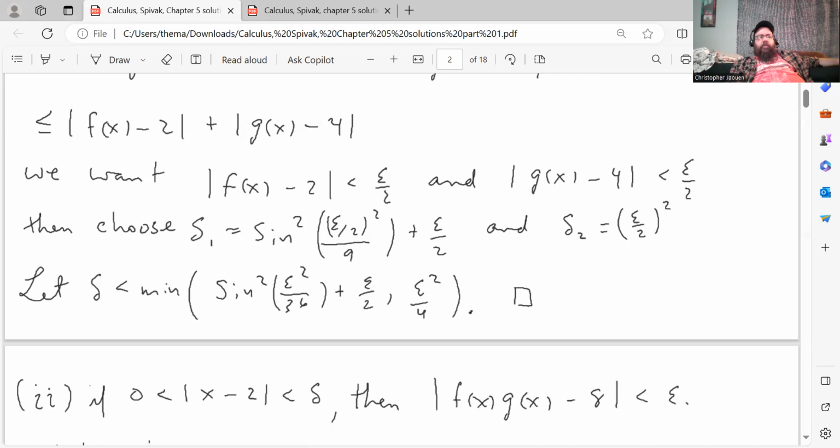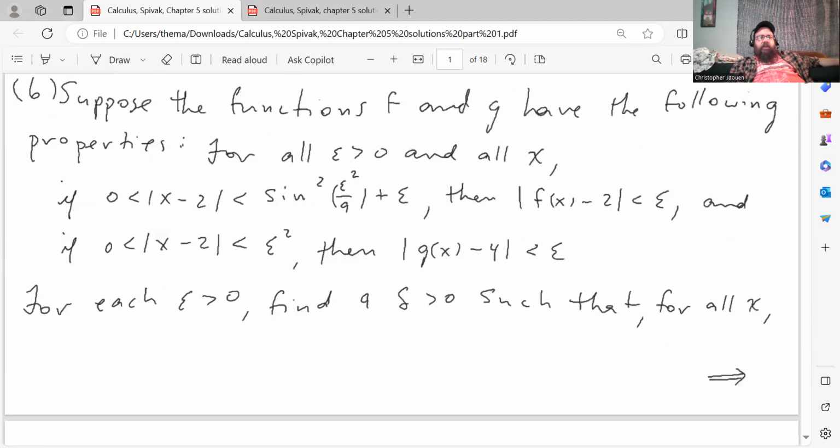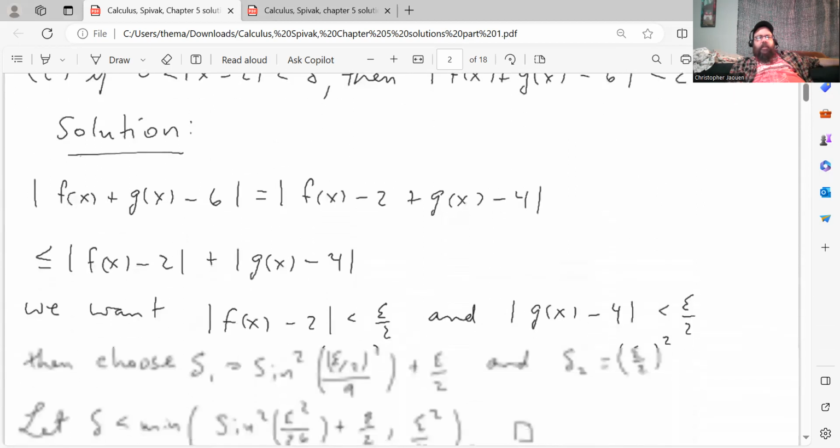So just based on the information that they gave us, for f of x minus 2, if you're in this neighborhood, then this is within epsilon, and the same thing here, if you're in this neighborhood, then you're within epsilon of 4 for g of x.